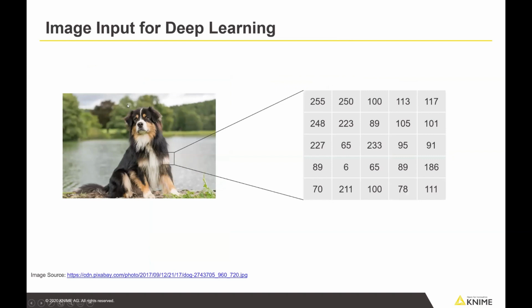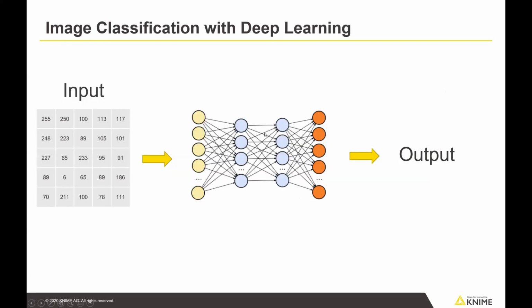Generally in computers, images are just represented as big arrays of numbers. And the nice thing about deep learning is that we can directly take these big arrays of numbers. We don't have to do any feature extraction on our own, because this is the idea of deep learning. So the network handles this, and we can just take the numbers and directly input them into the network, which then looks like this.